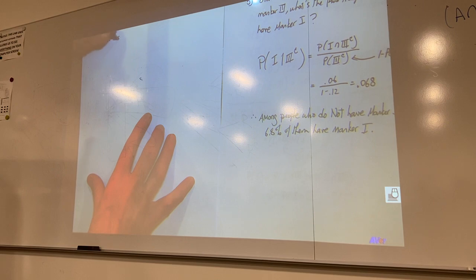Given a random subject has both markers 2 and 3, what's the probability they also have marker 1?